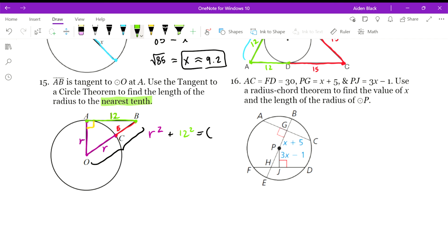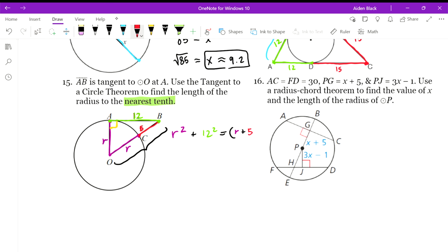Do not fail to use these parentheses, because otherwise we get the problem entirely wrong. r plus 5, quantity squared. So remember what that means. When you square something, you multiply it by itself. Do not distribute that square. Instead, it should look like this: r plus 5 times r plus 5. That's the meaning of the power 2.